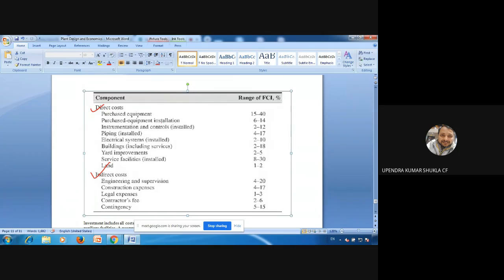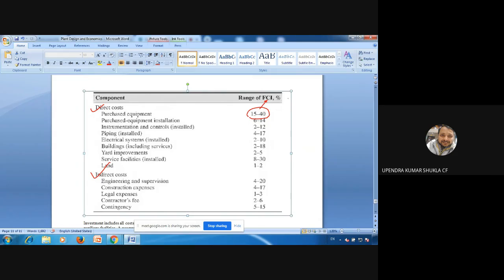You may ask why these percentages are given and where they come from. They have taken several industries' plant cost estimation data, and based on that they have decided the range of percentage. Purchased equipment cost will be 15 to 40% of fixed capital investment.